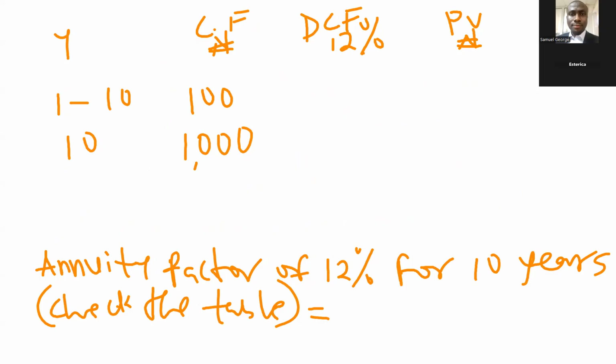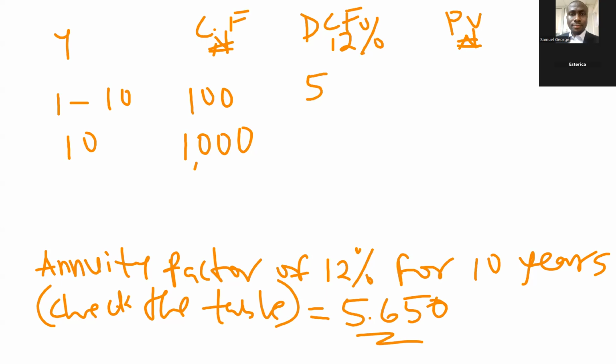What do you have? On my table here, I have 5.650. That is the annuity factor.